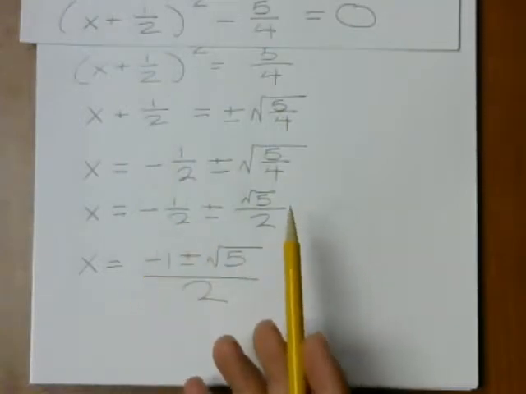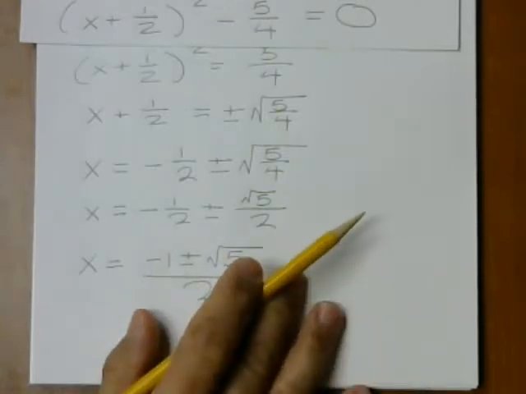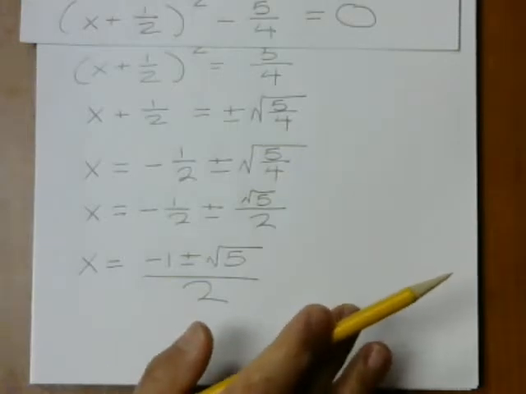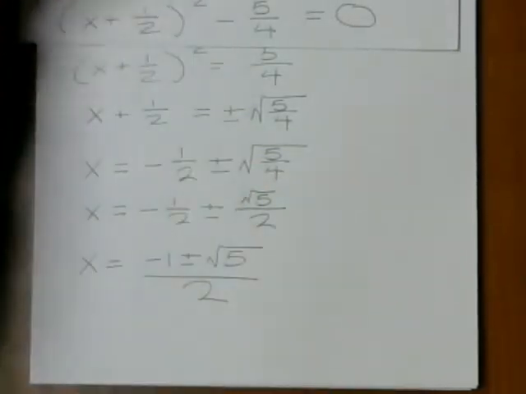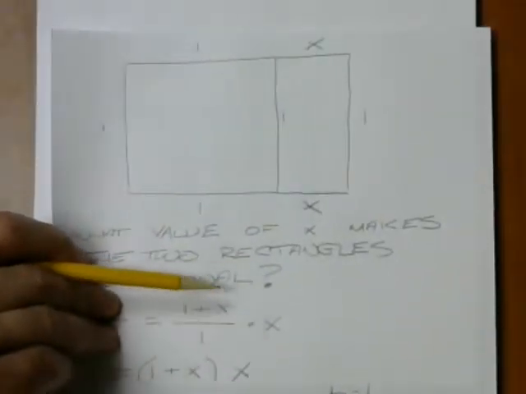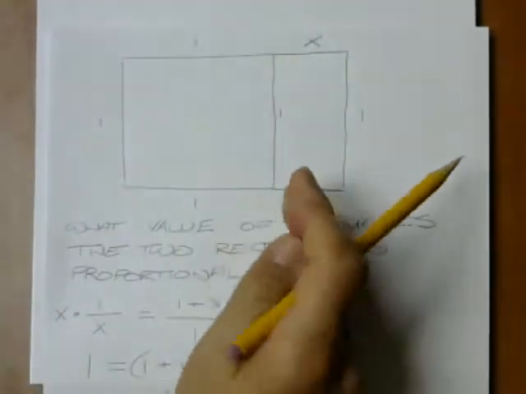I can look at this in many different ways. I could pull out a 1/2, or I could just think of it the way I just described. And you might say, oh no, I don't know what the answer is because we got two answers. But think about it. From our picture, should we allow x to be negative? Absolutely not. I'm not allowing this to go into the square in this direction.